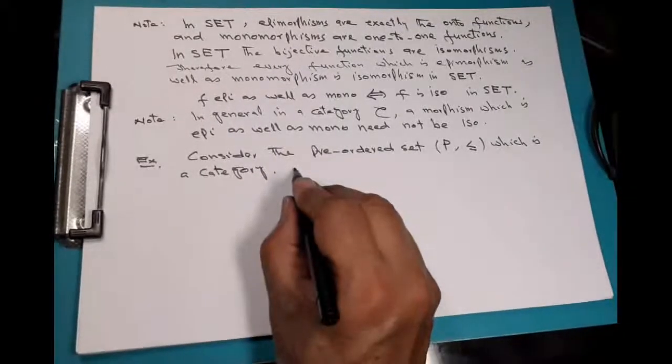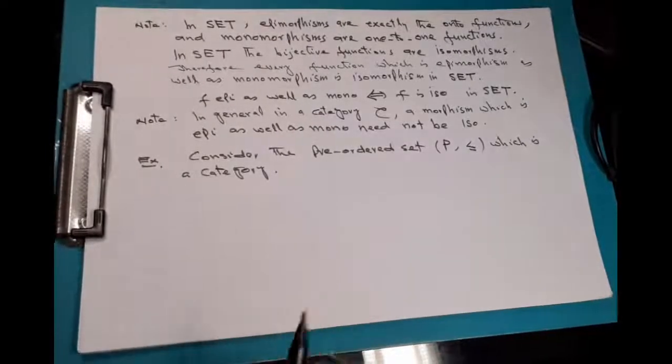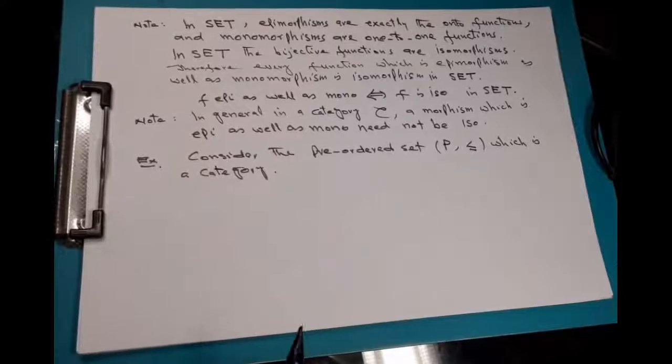Let's take two elements of this partially ordered set P, which are in fact objects of this category.